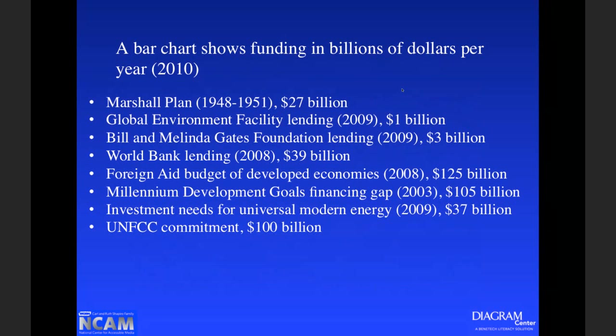So you have the Marshall Plan, or you have the particular funding source, and then the year, and then the amount. And it's still a small enough amount of information, so even if you were required to do comparisons, perhaps for the amounts, you could do that in this list fairly easily.